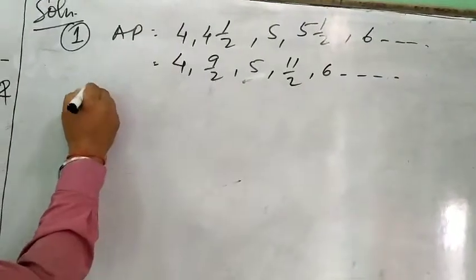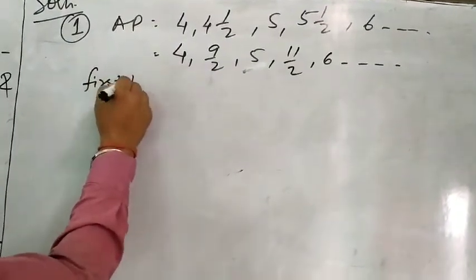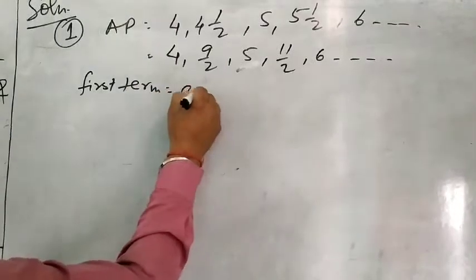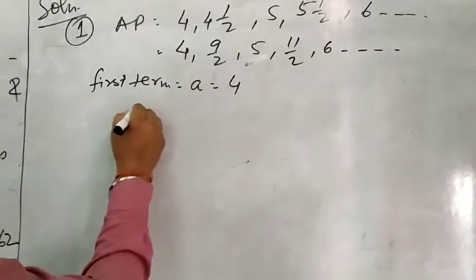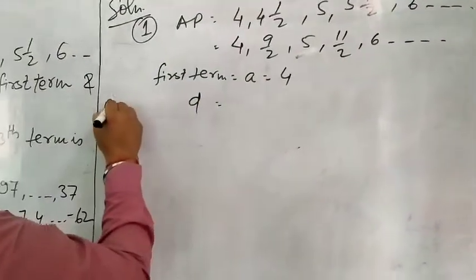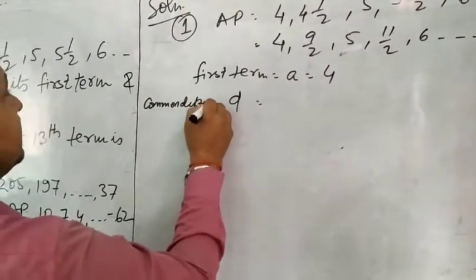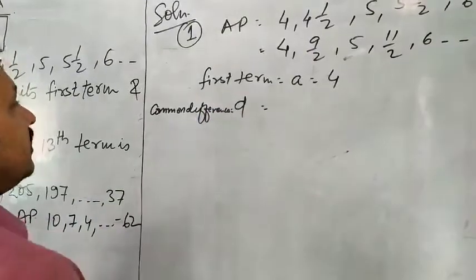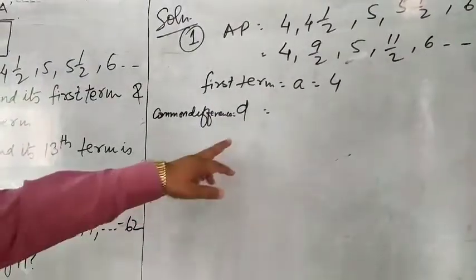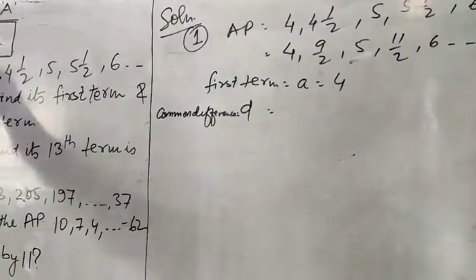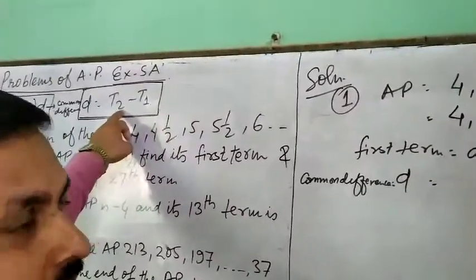So your first term A equal to 4. Then D, your common difference. We know that to find the common difference, the formula is T2 minus T1.